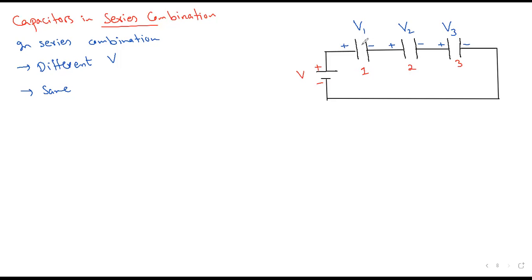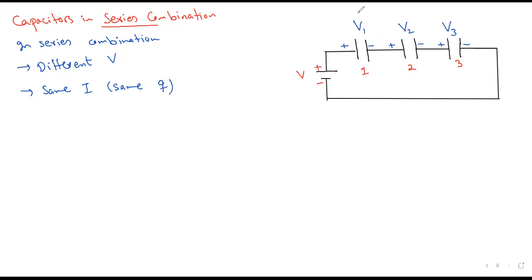This plate will get the same number of charges as the other plate, because these charges are produced by induction, and a plate cannot induce more charge than it has. So the charge should remain conserved: same I, which means same Q. But if V changes, then capacitance will change.